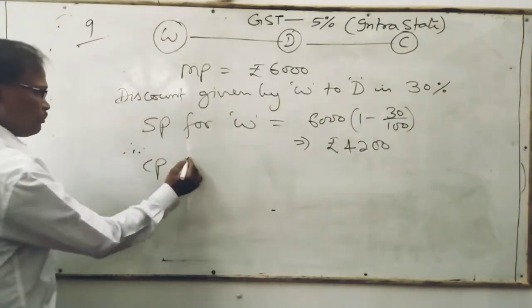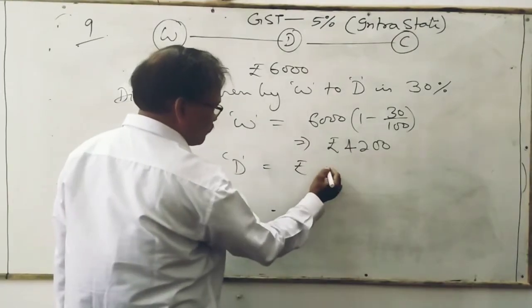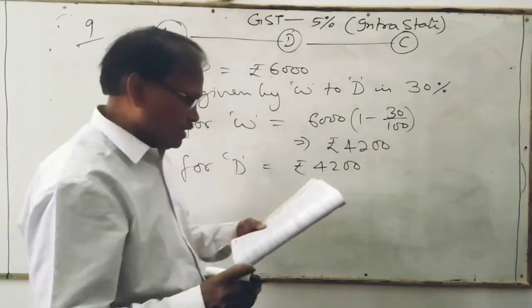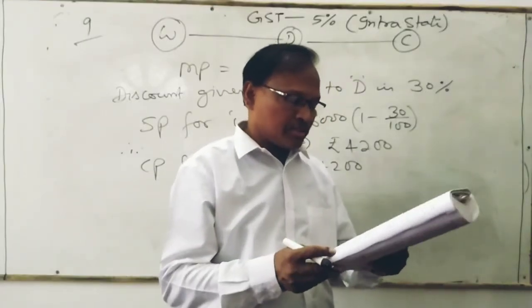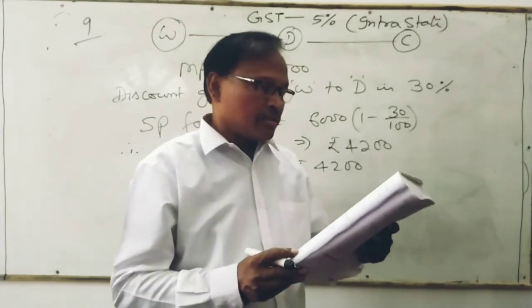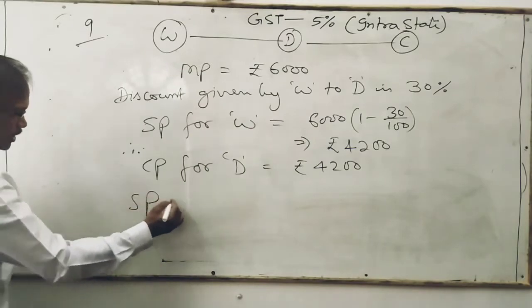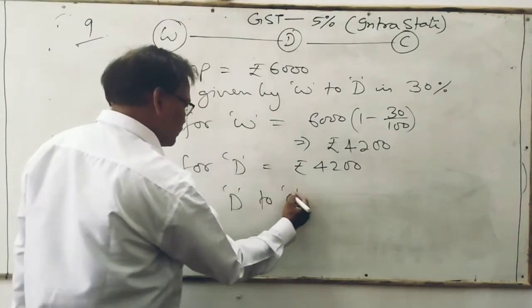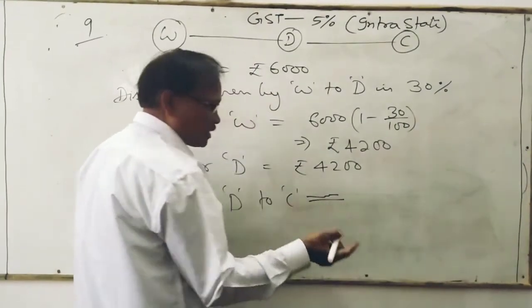Then what is the CP for the dealer? This will be the same, rupees 4200. Then dealer sells it to the consumer at 10% discount on the mark price. So what is the selling price for dealer to consumer? It is 10% discount on their mark price.